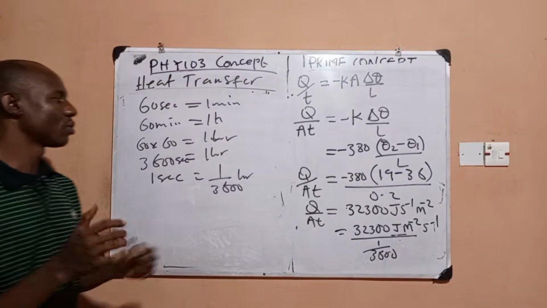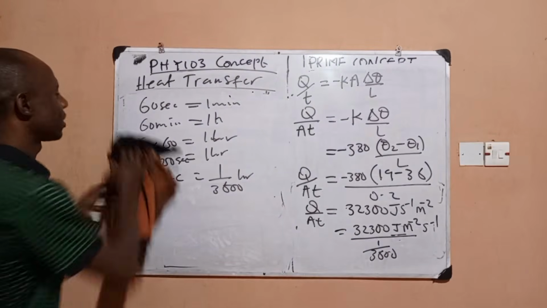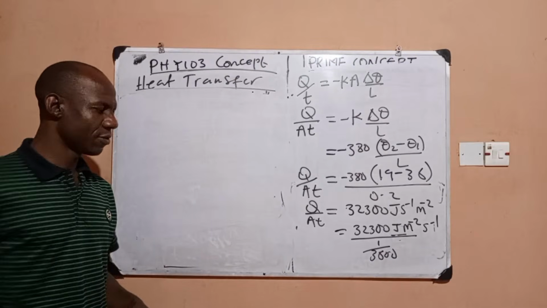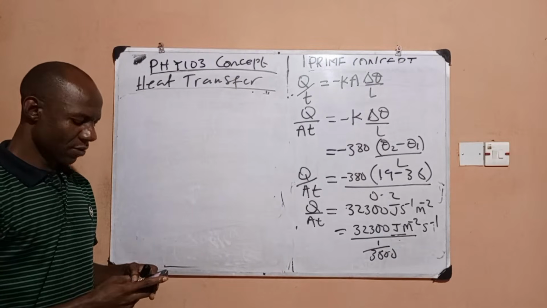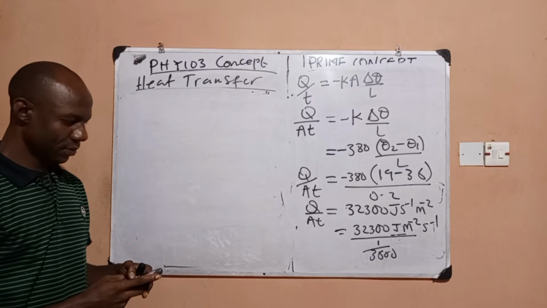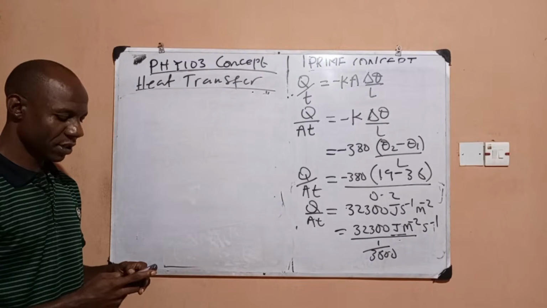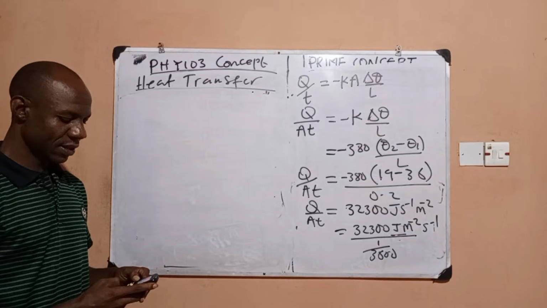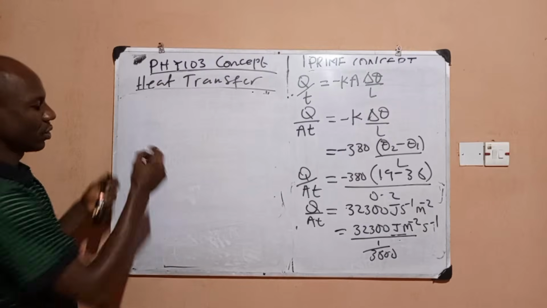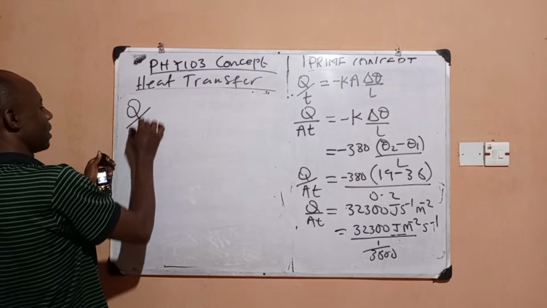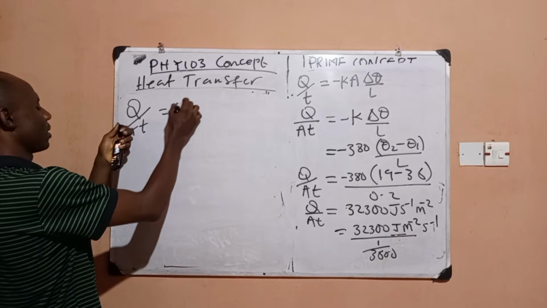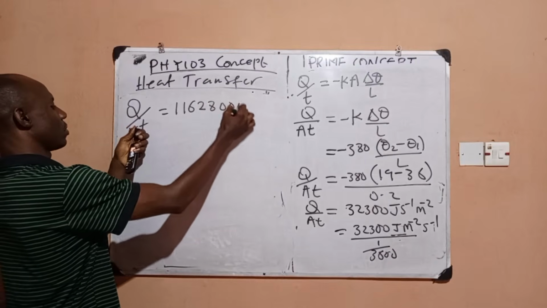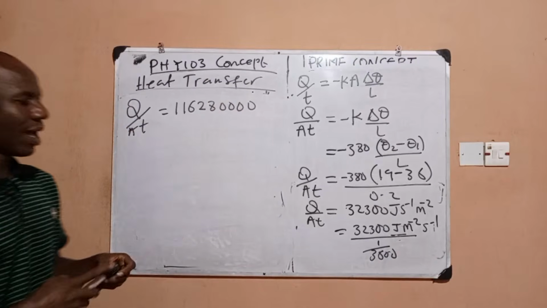So when I do that, I've achieved what I want to achieve. Punch that in by yourself: 32300 times 3600. So this is large. So Q over AT is going to give me 116280000.